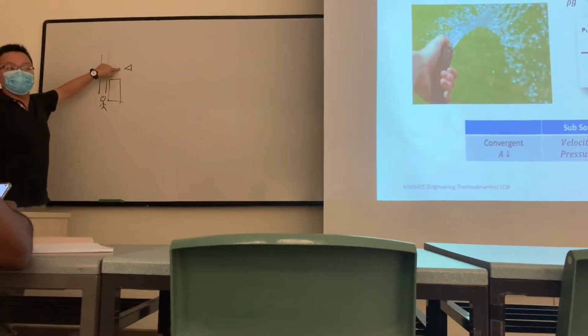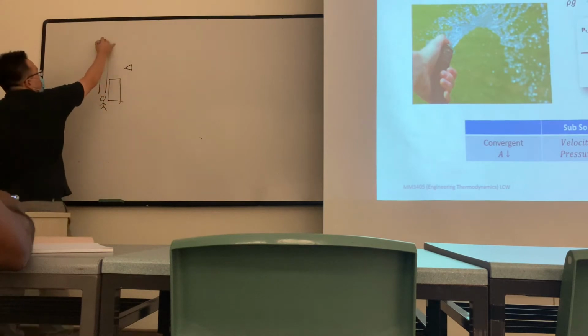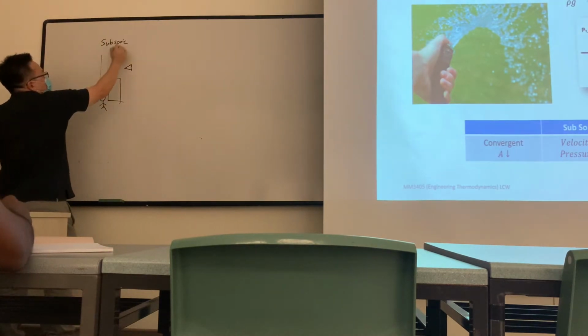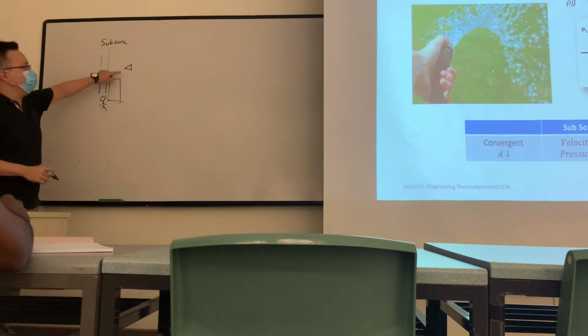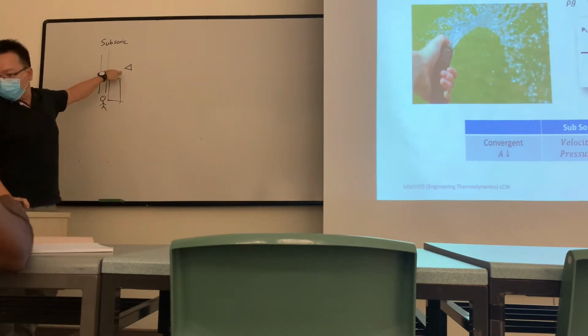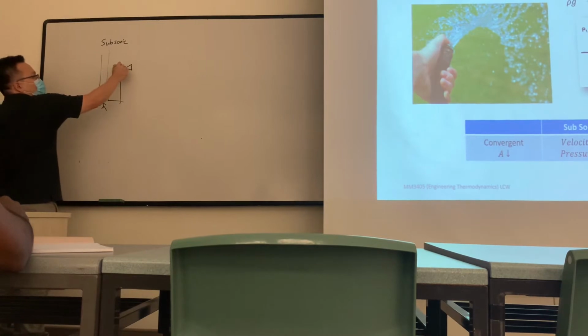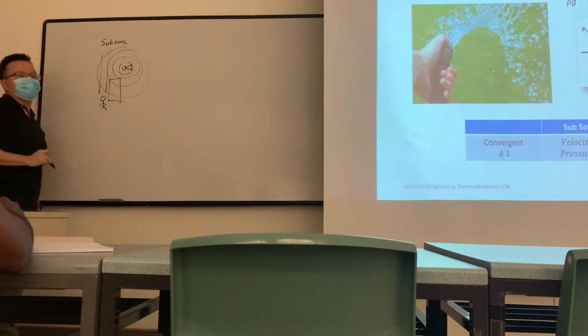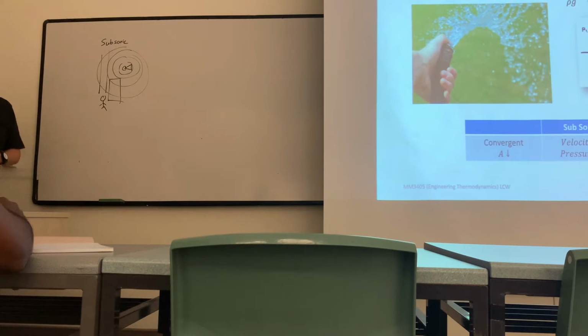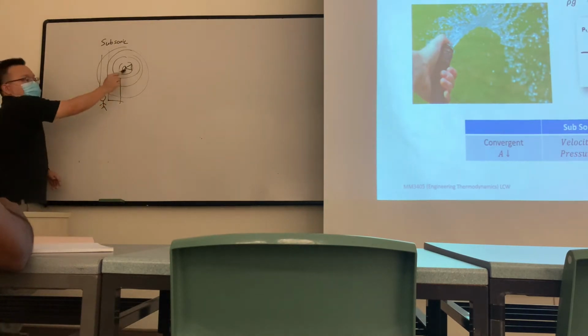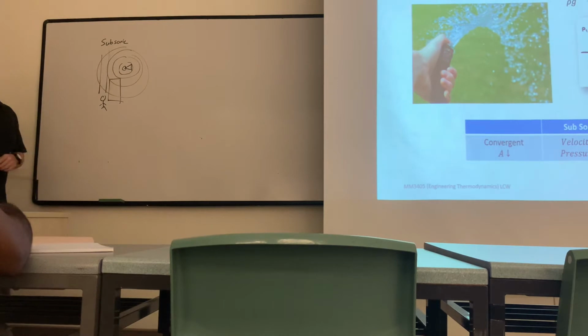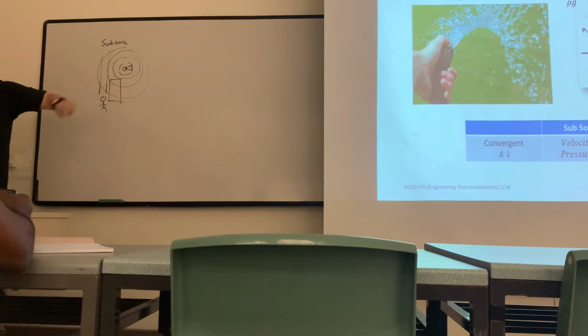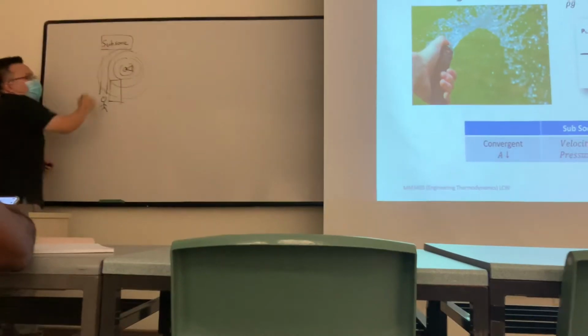Plane here, the plane is now moving at subsonic. This means the plane is moving faster than sound or below the speed of sound? Below, which means the sound will propagate faster than the plane. Am I right? This means you see the plane first or you hear the plane first? You confirm will hear the plane first, because the sound wave will reach you first. Any question? This is the subsonic condition.